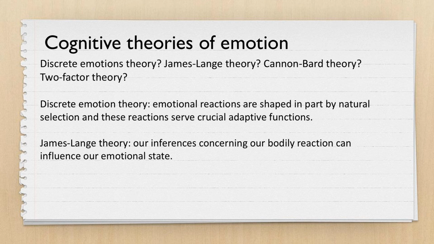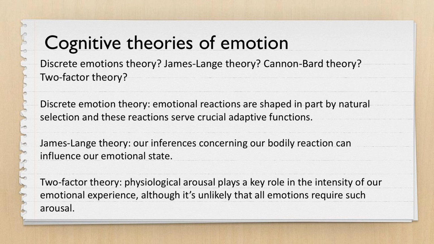And the James-Lange theory is probably correct in assuming that our inferences concerning our bodily reactions can influence our emotional states. Finally, the two-factor theory may be right that physiological arousal plays a key role in the intensity of our emotional experiences, although it's unlikely that all emotions require such arousal.